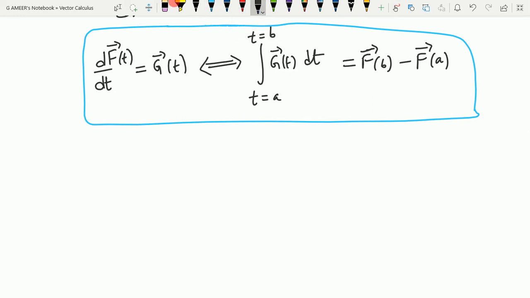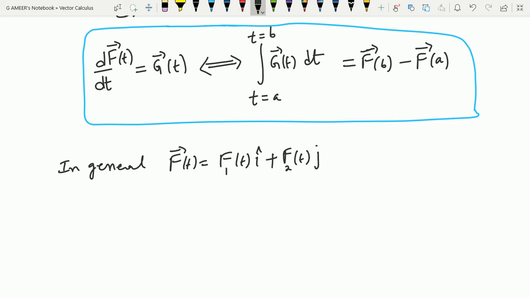Generally, the vector function f has an x component, let's say f1 of t times i cap.